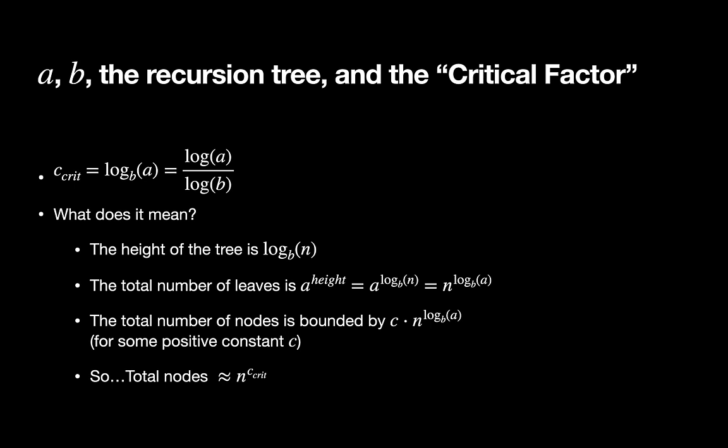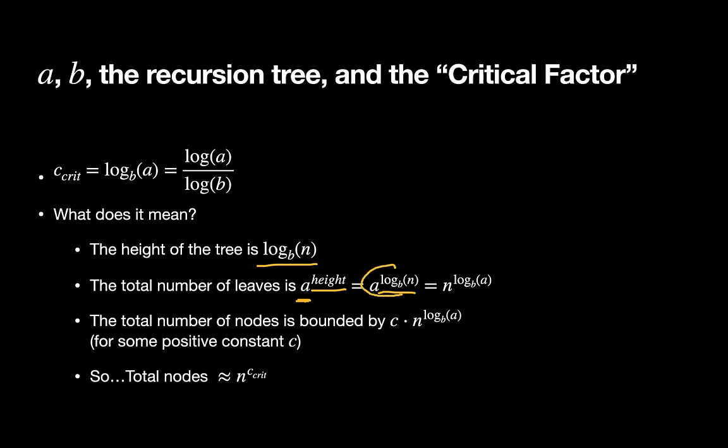So I'm going to give kind of the abbreviated version of this. The overall height of the tree we've already identified as log base b of n. The total number of leaves, so remember the leaves are just in the bottommost part of the tree, is whatever our branching factor is to the power of our height. Okay? And we've just identified our height is log base b of n.